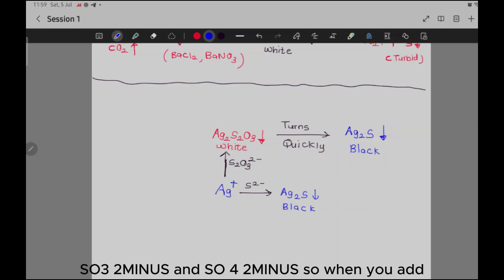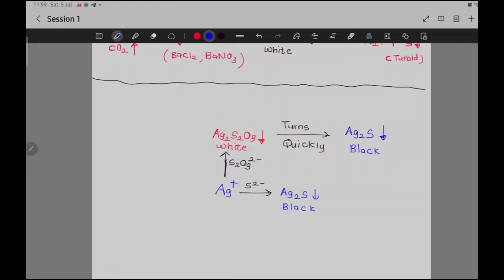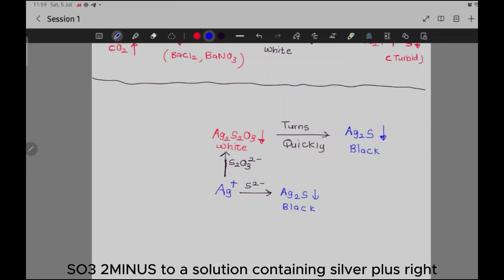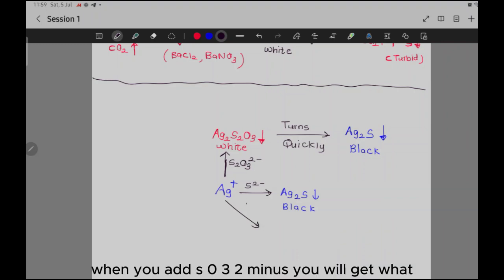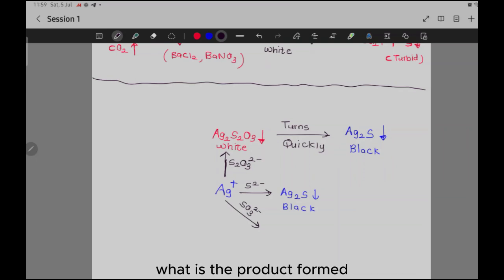Next we have SO3 2 minus and SO4 2 minus. So when you add SO3 2 minus to a solution containing Ag plus, what is the product formed?